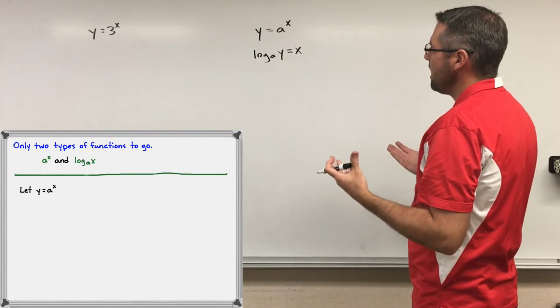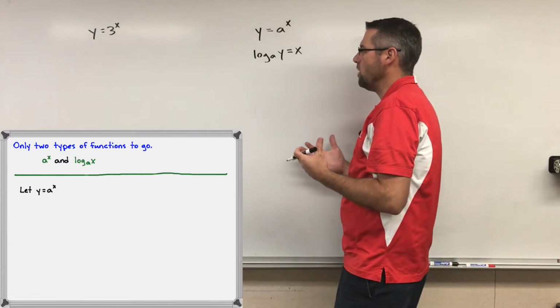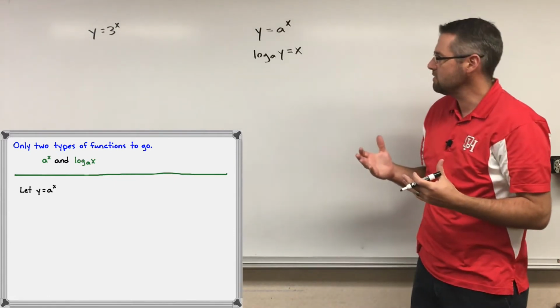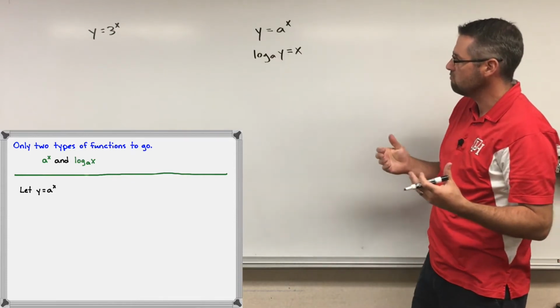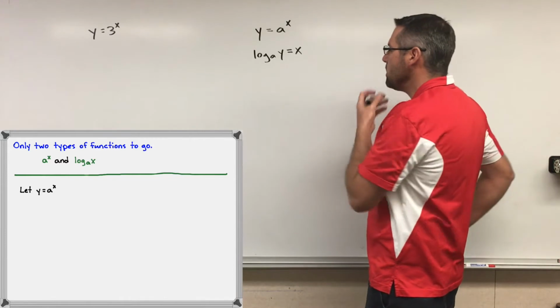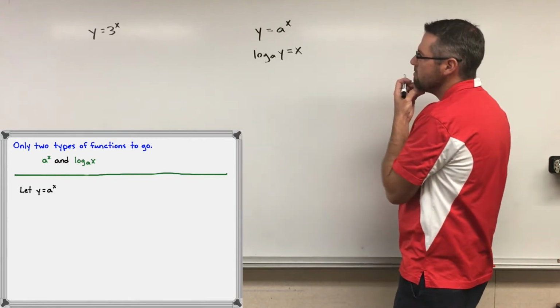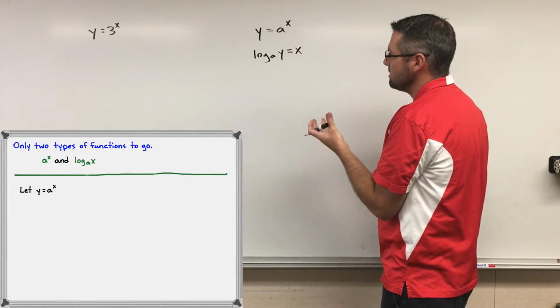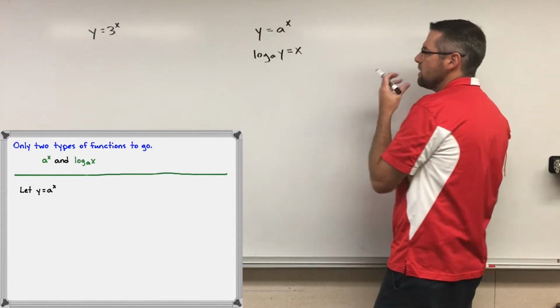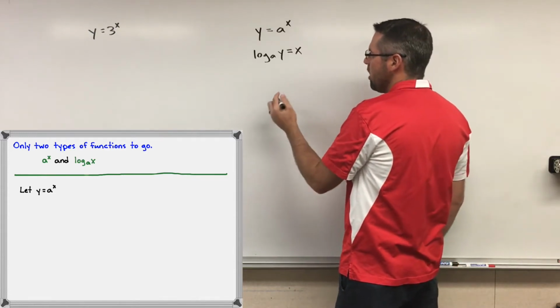Well, what can I do with that? You might say, I don't know what to do with that because I don't know the derivative of log either. And you're right. But maybe we can use the idea of the change of base to develop this. The change of base formula for log says this.